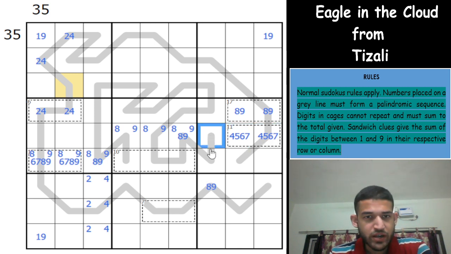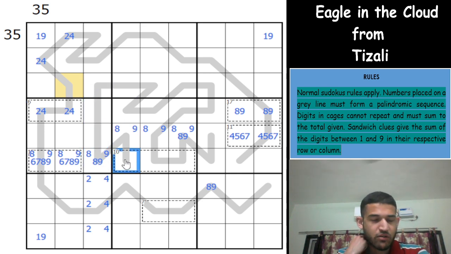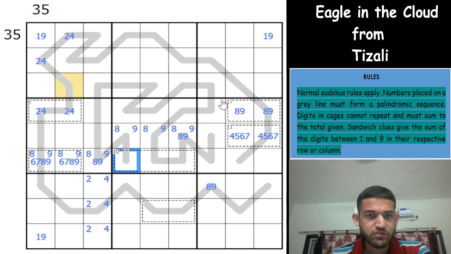Okay, so let us look at this palindrome now and try to see the middle cell. 1 2 3 4 5 6 7 8 9 10 11 12 13 14 15 16 17 18 19 20. So it is a 20 cell long palindrome, which means there is no middle cell, because only when you have an odd number of cells on the palindrome you will have a middle cell.